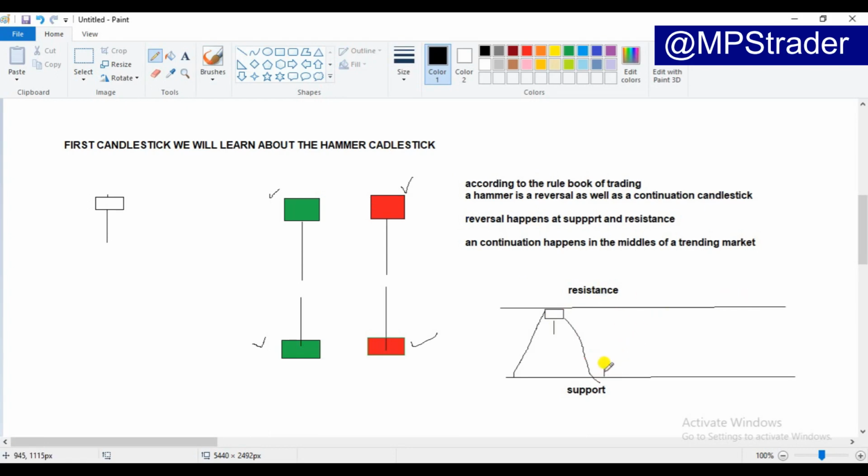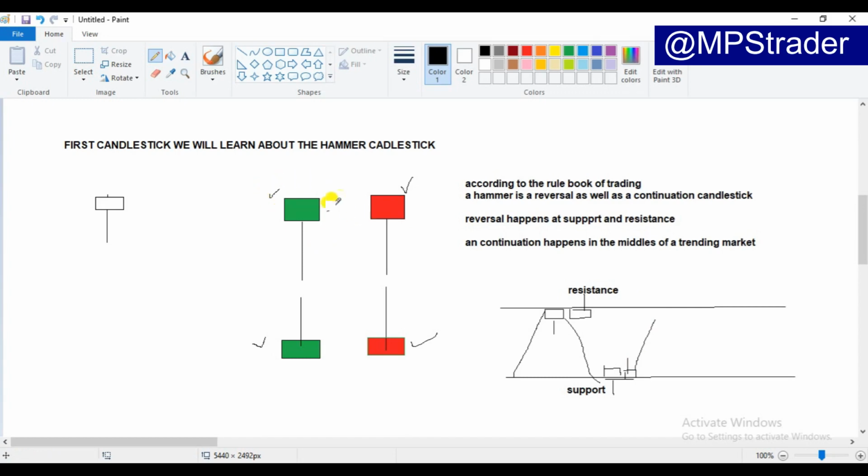And in here, if an inverted hammer is formed like this, then the market should reverse, right? Even if an inverted hammer is formed, and here if a hammer at the support or resistance is formed, then it should reverse.